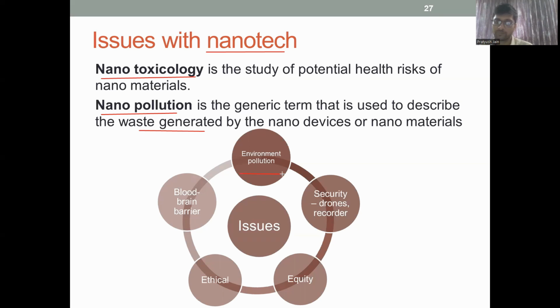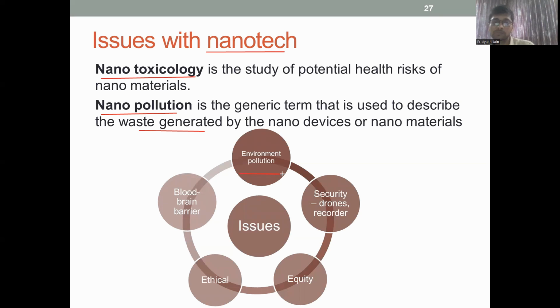Another issue is security. You must have seen in a lot of science fiction movies how scientists or researchers make drones that look like common houseflies. They use them to attack someone, or they use them to record sensitive data, right?